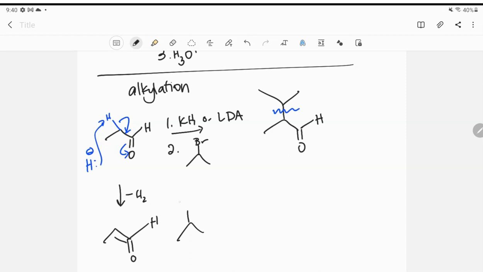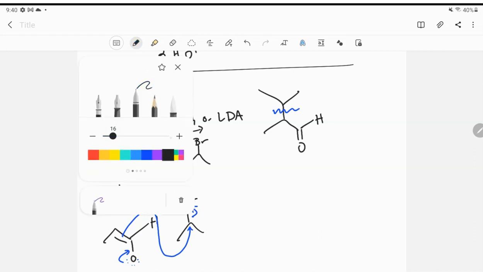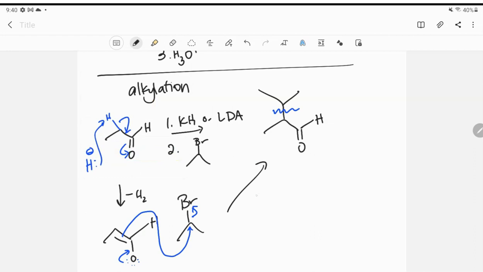We have now our other electrophile, which is this 2-bromopropane. Wow, that carbon had 5 bonds and nobody said anything. Wow. Kicks out the bromine, SN2 style. And then we lose, of course, the bromide.